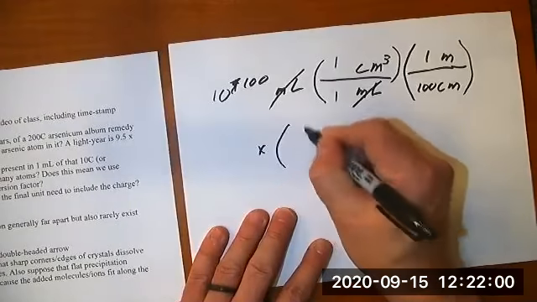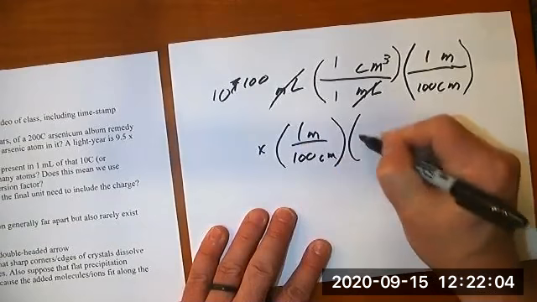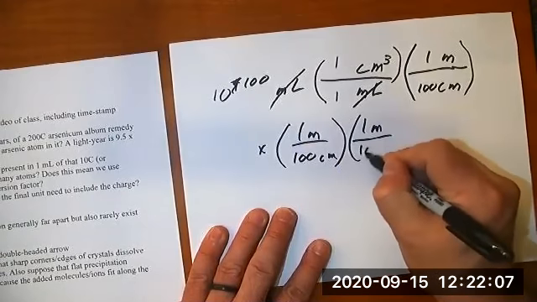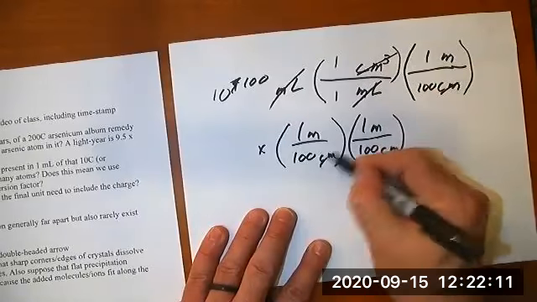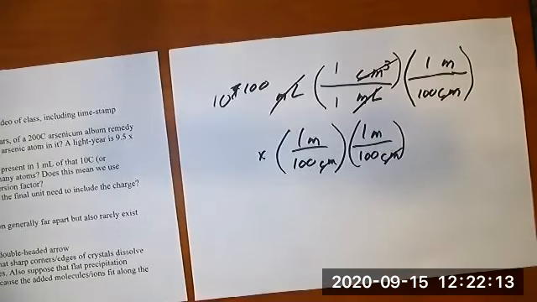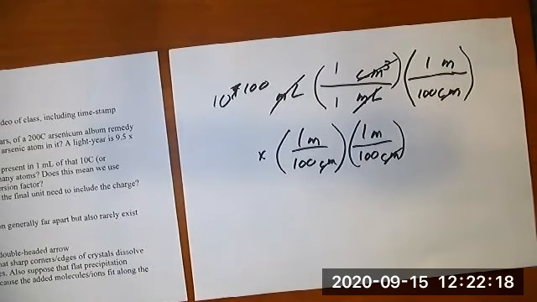So times 1 meter over 100 centimeters times 1 meter over 100 centimeters. And so now that cubic part cancels with that. And you're left with meters, meters, meters, or cubic meters.